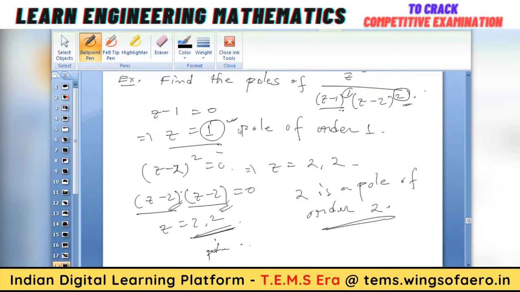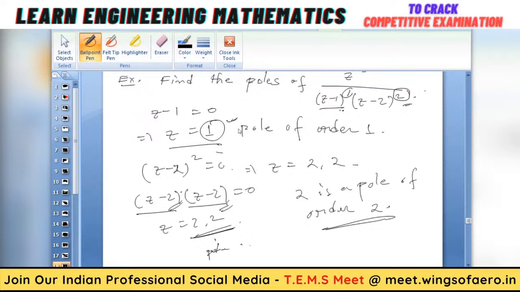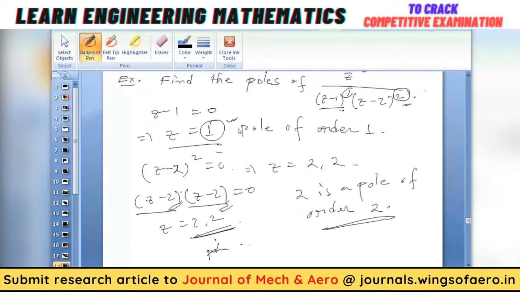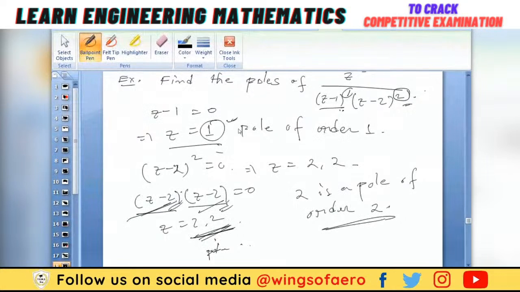Obviously, 2 is a single number, but you are getting it 2 times, with this z minus 2 and with this z minus 2. So this is called order 2.